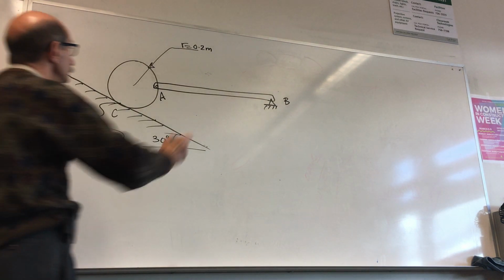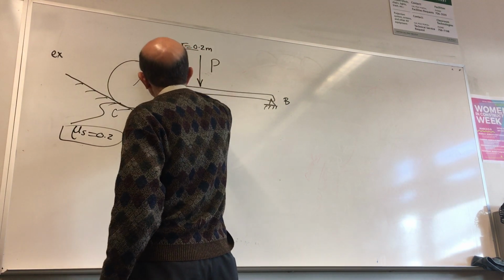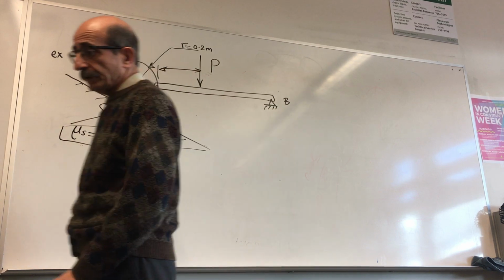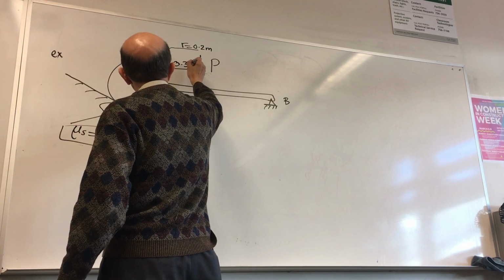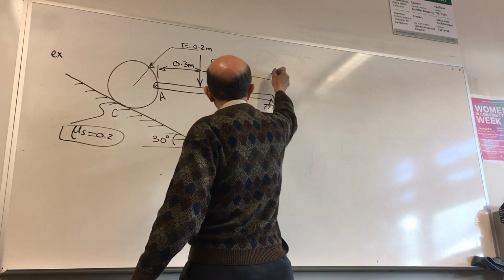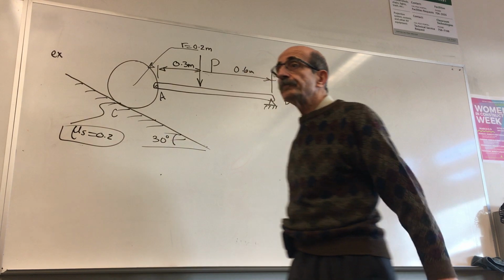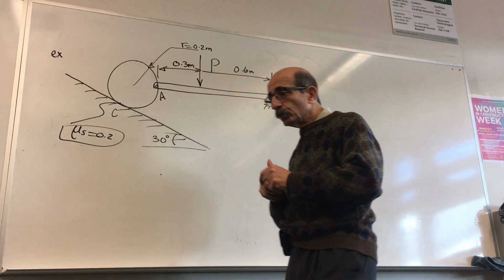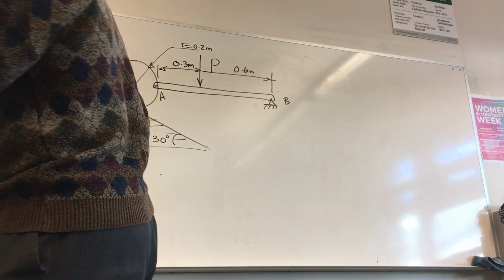We want to find, if we apply a load P at this point, which is at a distance of 0.3 meter from A and 0.6 meters from B, what should be the maximum P.